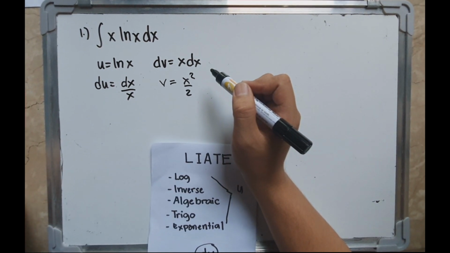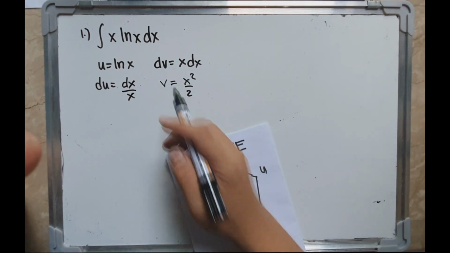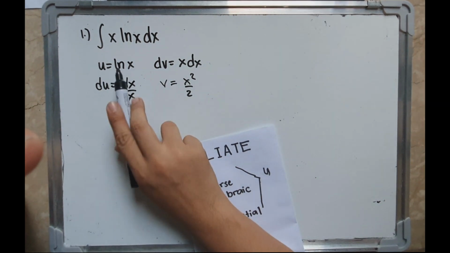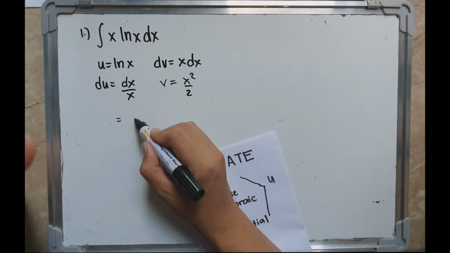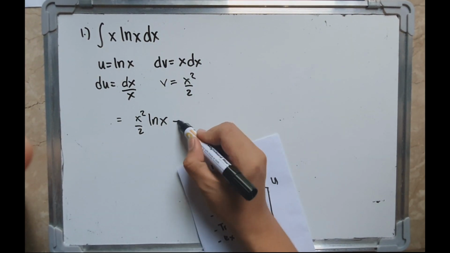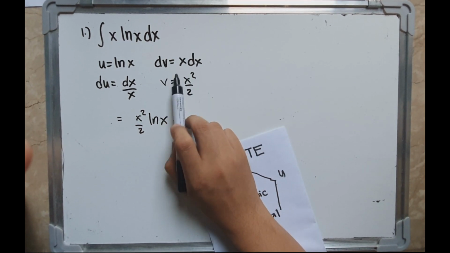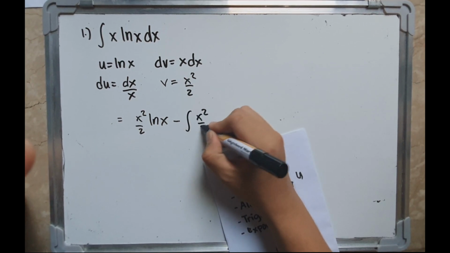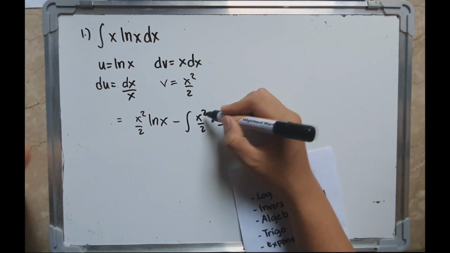Now apply the formula of integration by parts. This will be equivalent to u times v, x squared over 2 ln x, minus the integral of v times du, x squared over 2 times dx over x. We could cancel this one.